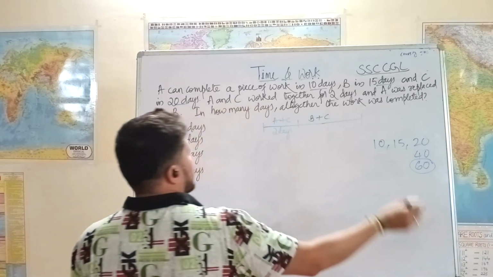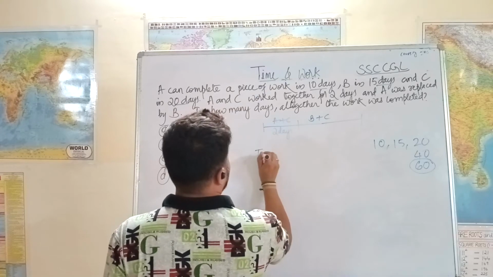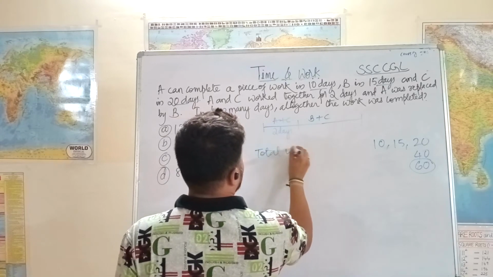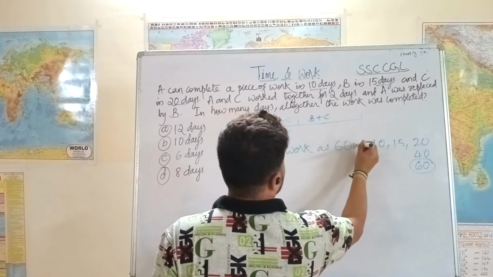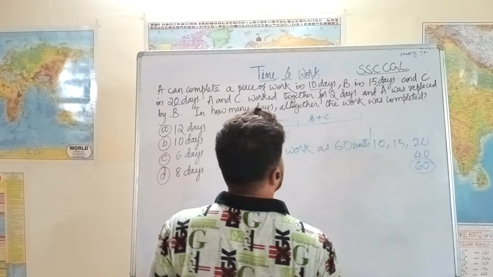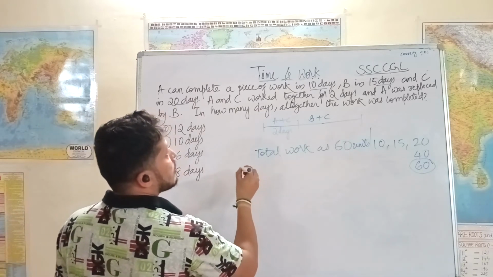So let's assume total work as 60 units. Now let's see how many units of work A does.